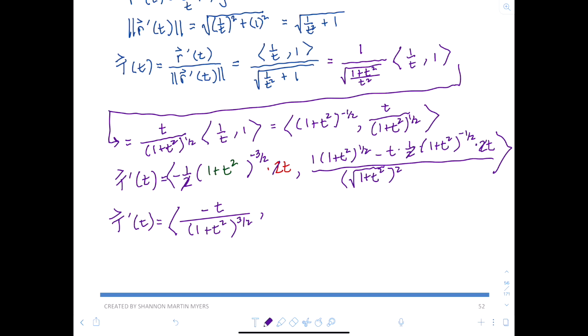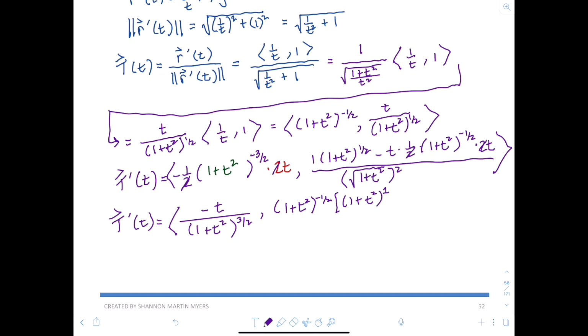And so we're going to factor out a (1 plus t squared) to the negative 1/2. In the numerator, we'll be left with (1 plus t squared) to the 1, right?